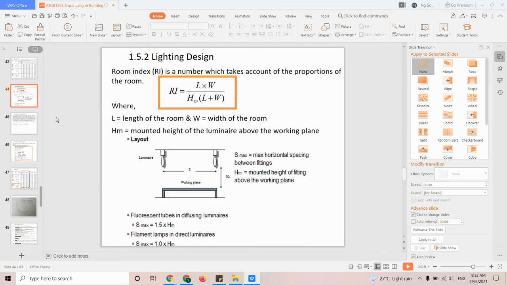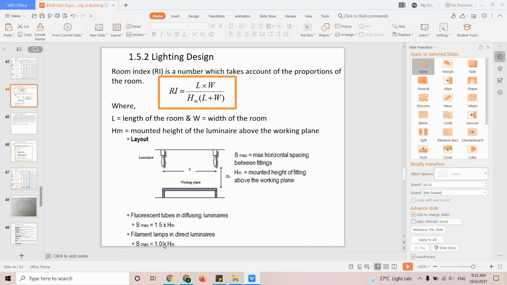Remember when I mentioned this slide, this is where it will come into play. Based on your type of lighting installation, if it's a fluorescent tube, then you will use this formula, which is S max equals 1.5 times HM.